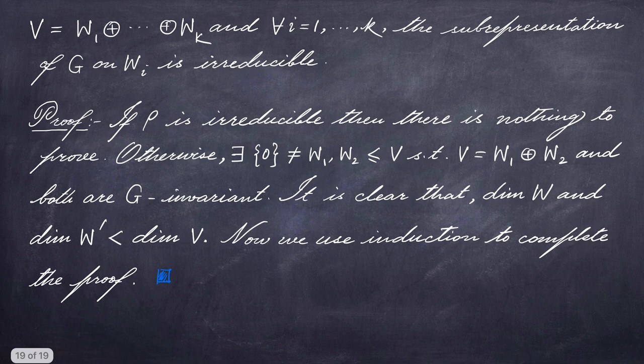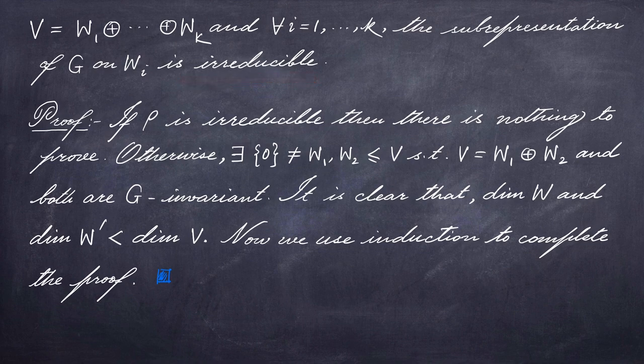It just says that given any finite dimensional representation of any finite group, one can find G invariant subspaces such that V can be decomposed as a direct sum of those subspaces, and of course all of them will be G invariant. So those sub-representations cannot be reduced further. That is, they are all irreducible.